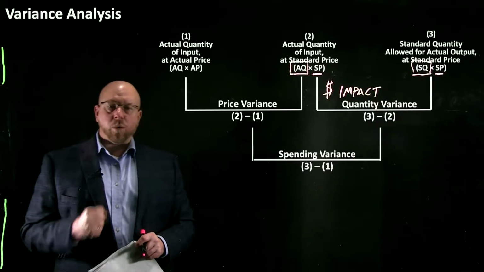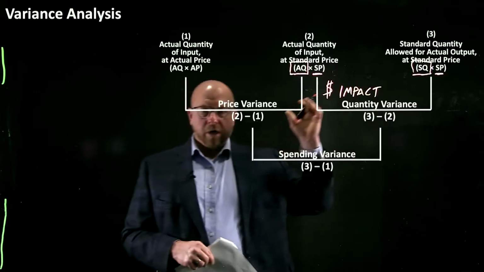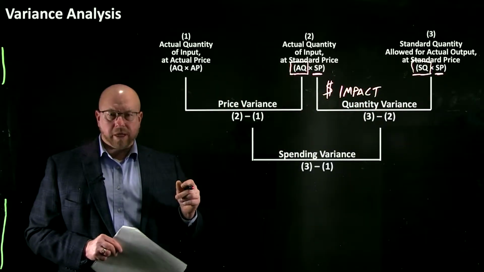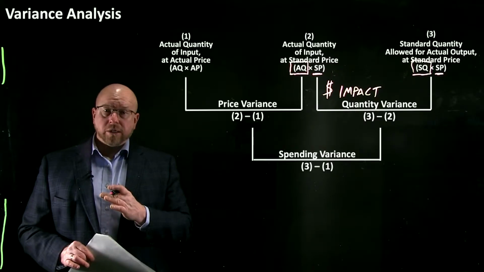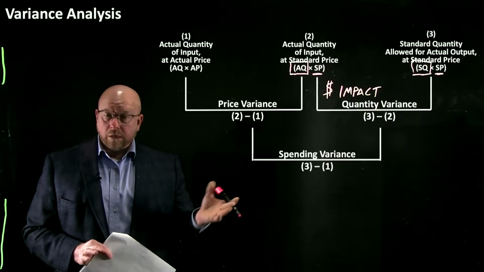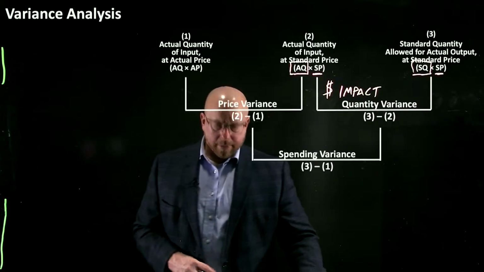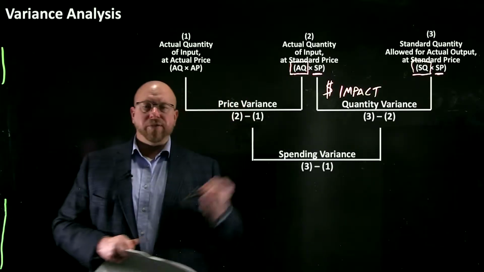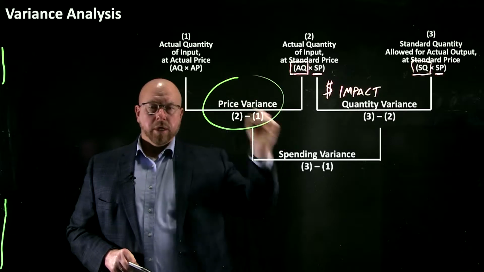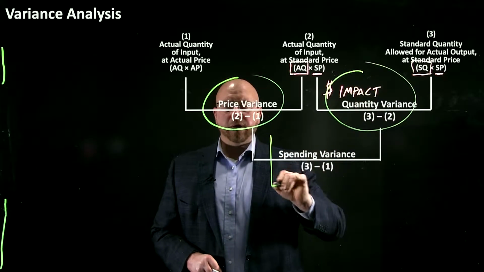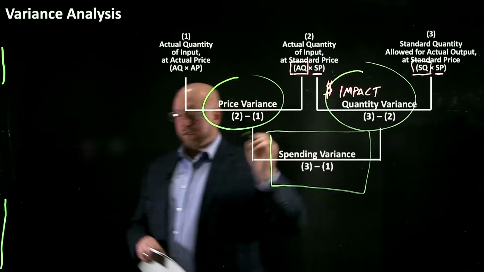So what we're doing with a quantity variance is isolating the dollar impact, the financial impact, of using too much or too little of a particular input. What we'll see overall is that once you know the price variance and you know the quantity variance, it will all boil down to an overall spending variance.